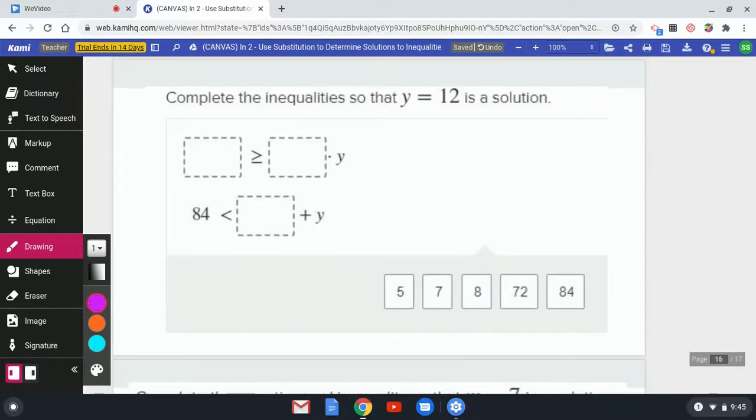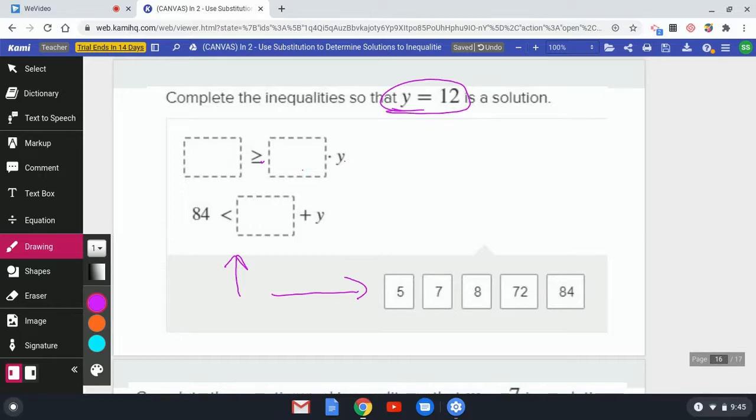Okay, so this is one where you would take numbers from here and drag them into the boxes up here to make them true. Once we put numbers in there, when I put 12 in for y, it would be true. So let's just try. Something times 12, we want it less than something.